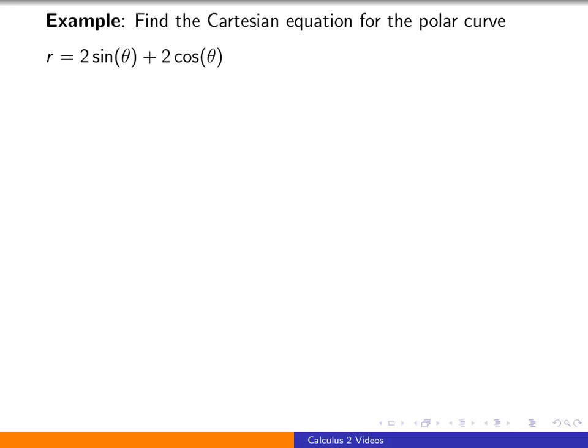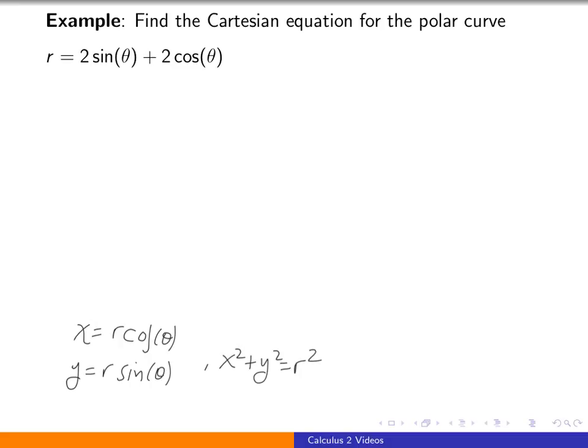One more similar example. In this case, we'd like to find the Cartesian equation for the polar curve given by r equals 2 sine theta plus 2 cosine theta. And it never hurts to remind ourselves, x is r cosine theta and y is r sine theta, with x squared plus y squared equals r squared.